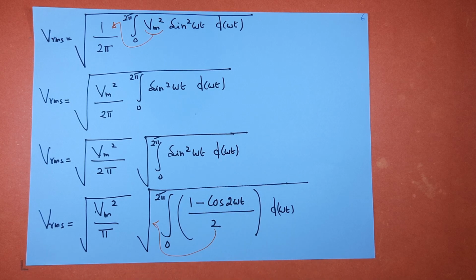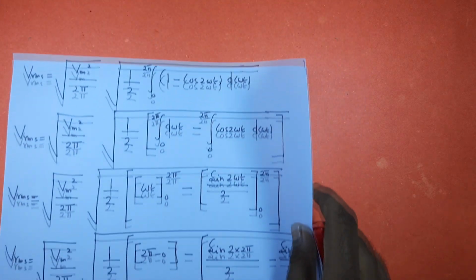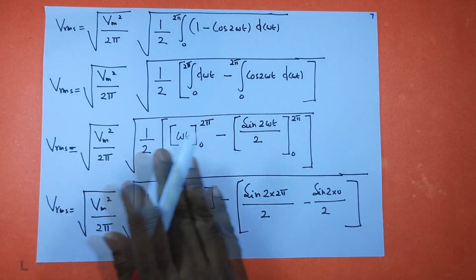The sine square omega t you can write, it is a trigonometric identity, as 1 minus cos 2 omega t divided by 2 d omega t. So this 2 is a constant, you can take it outside the integration. So you get the next step.